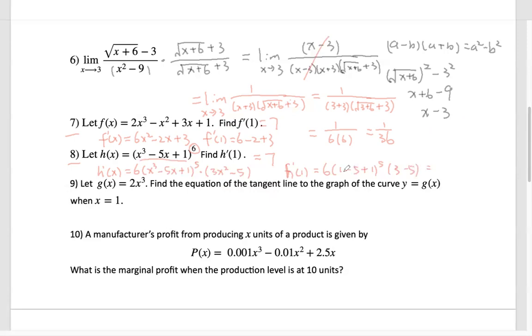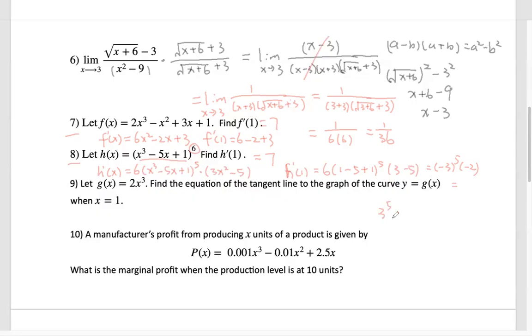So I have 1 minus 5, minus 4, plus 1, minus 3. So I have 6 times negative 3 raised to the 5th, times negative 2. 3 minus 5, negative 2. Right, negative 3 to the 5th is a negative number. Negative number times negative number, positive number.